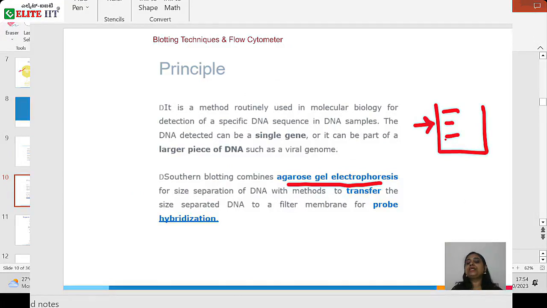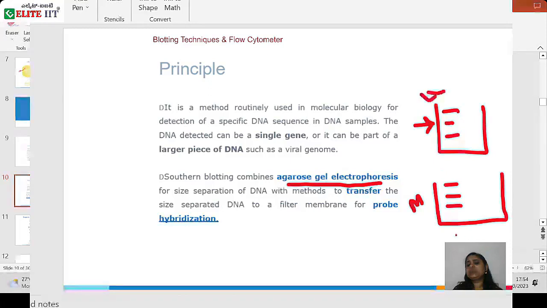In order to do that, you have to transfer these bands onto the surface of one membrane. Various types of membranes are utilized: nylon membrane and nitrocellulose membrane are most popular. So you have to transfer all the bands onto the surface of the membrane. So it is exactly a copy of the gel.